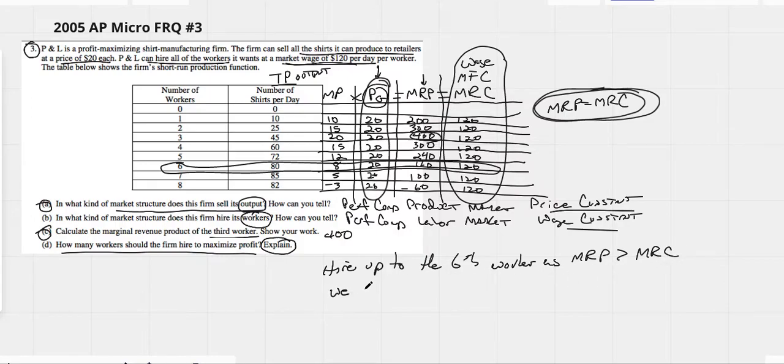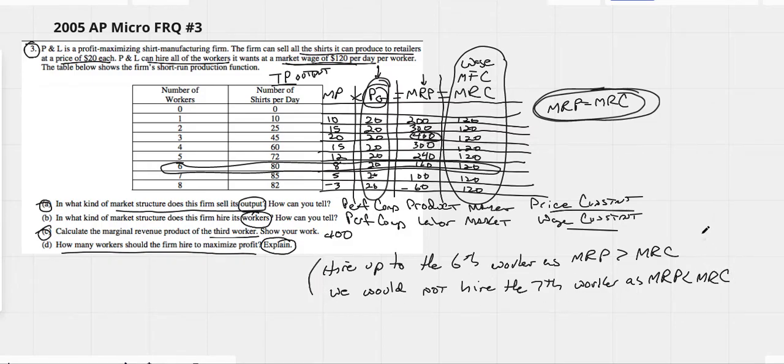We would not hire the seventh worker as marginal revenue product is less than marginal revenue cost.